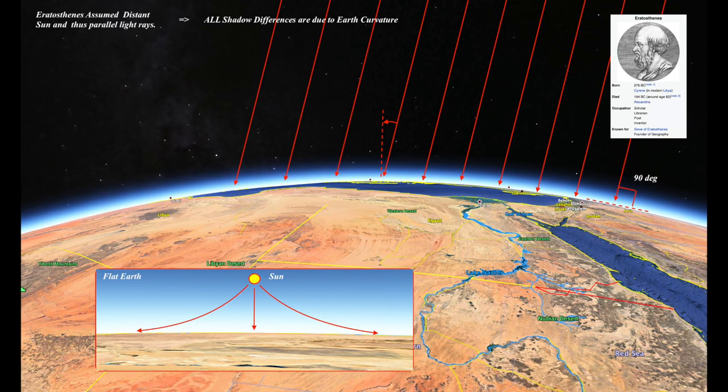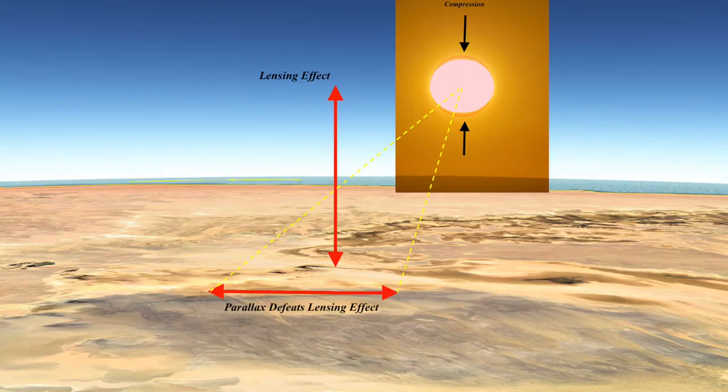So, as you can see, the other extreme is the flat earth. Okay? But is it really an extreme? Yeah, makes you wonder. Using parallax, we can calculate the true distance to the sun. And there's obvious lensing that's going on. Incredible stuff, folks. We can defeat the lensing effect with parallax.